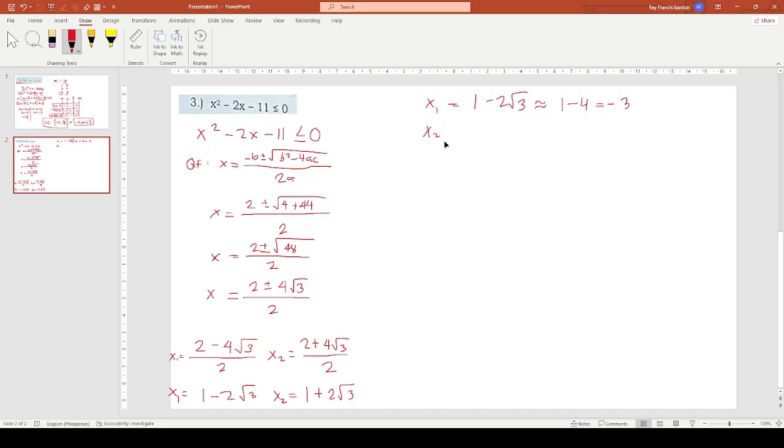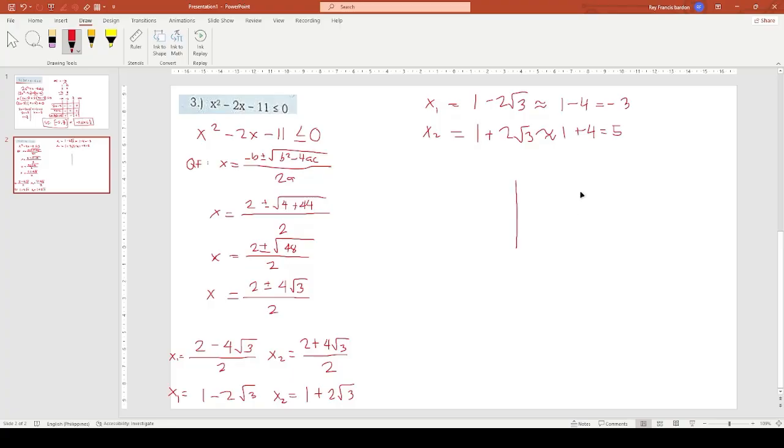And then x sub 2 is equal to 1 plus 2 square root of 3. So instead of subtracting 4, let's try adding 4. 1 plus 4 is 5. So we'll just choose test points that are far away from negative 3 and 5 so that it becomes more accurate.